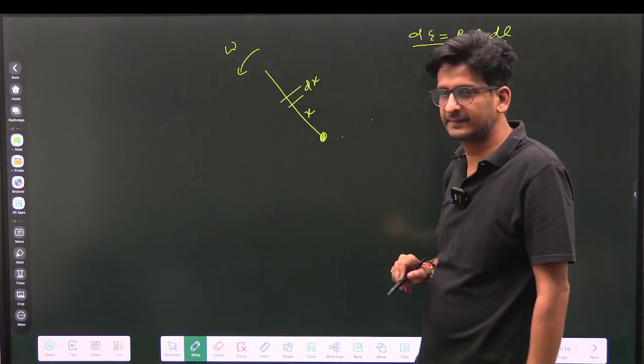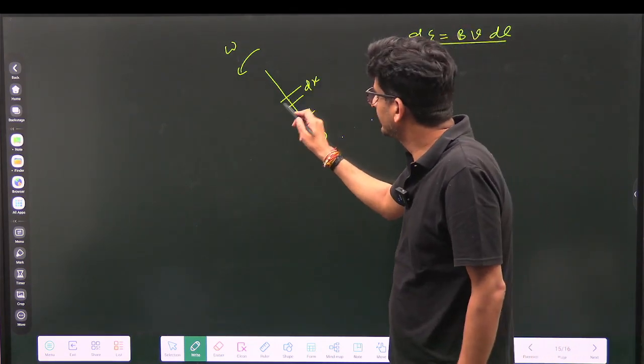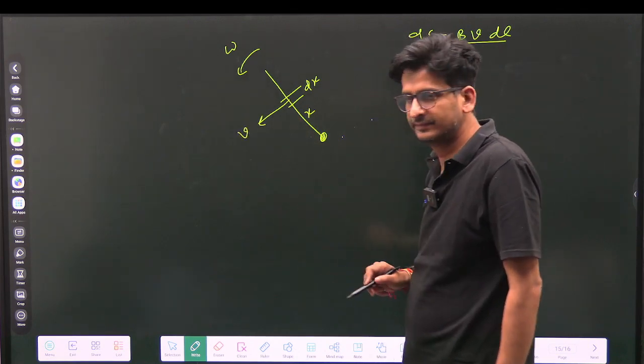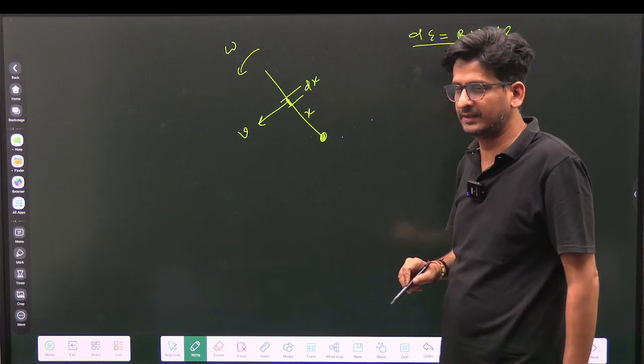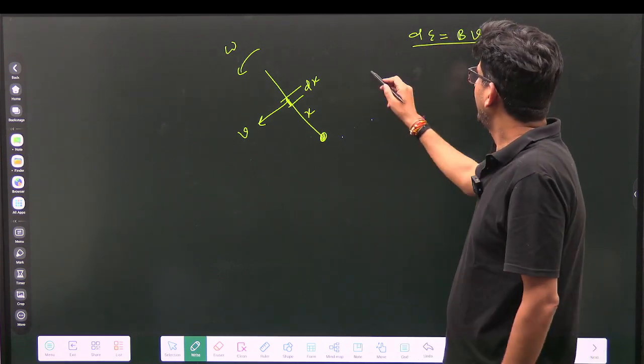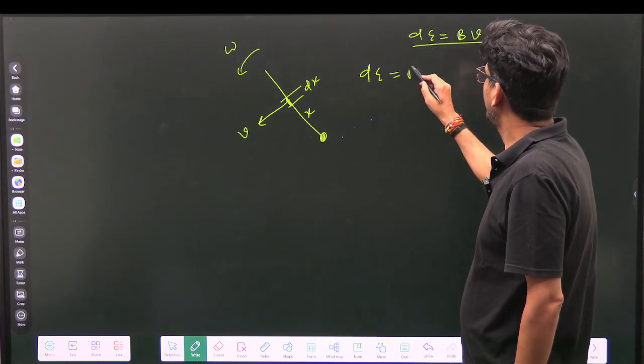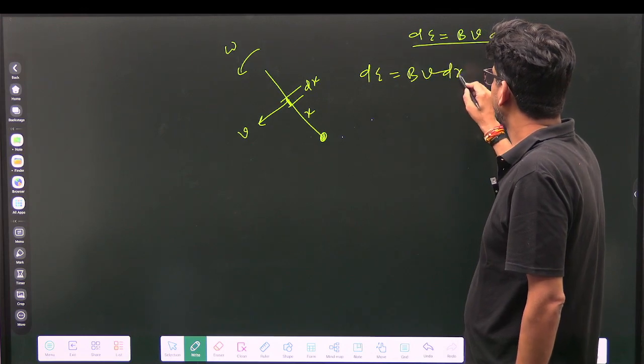Now this dx length has velocity v, so I can get the induced EMF on this, and that induced EMF is given by B v dx.